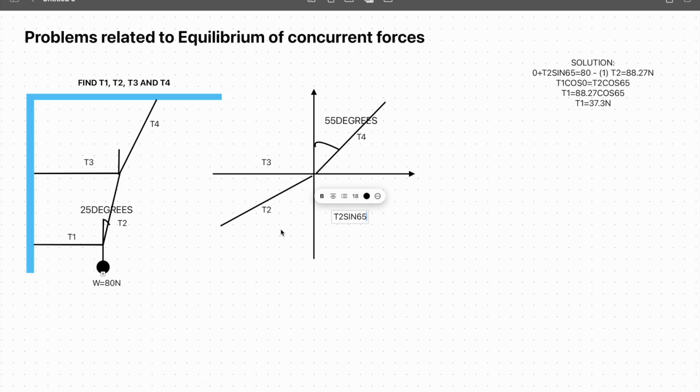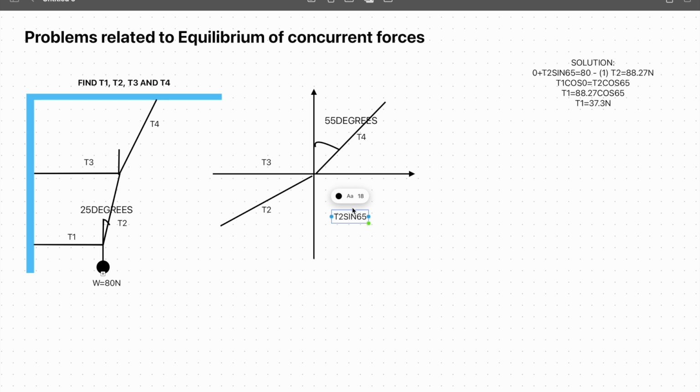If we expand or continue the line, here a 90-degree angle will be derived, and here automatically it will give the value 65 degrees.